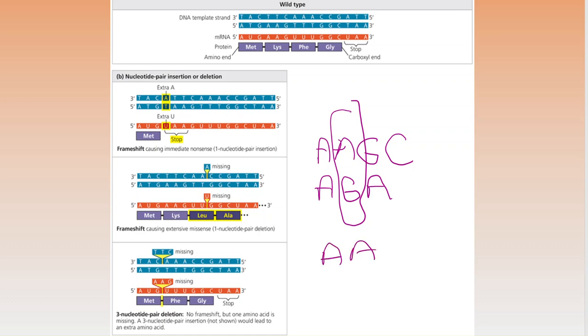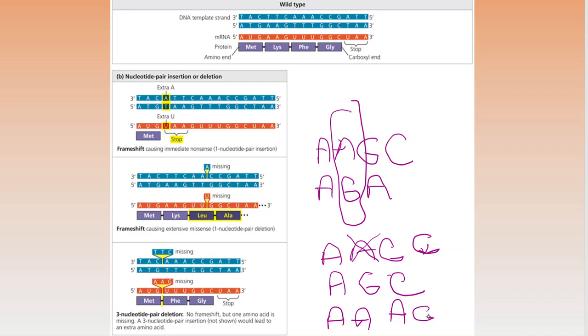So instead of having your AAGC, you might have a AGC because this A was deleted. Or you might have a AAAGC because now an extra A was added. So it's frame shift because it's actually going to shift the entire sequence of amino acids that is going to be made. So here is an example of 3 frame shift mutations that are going to occur.